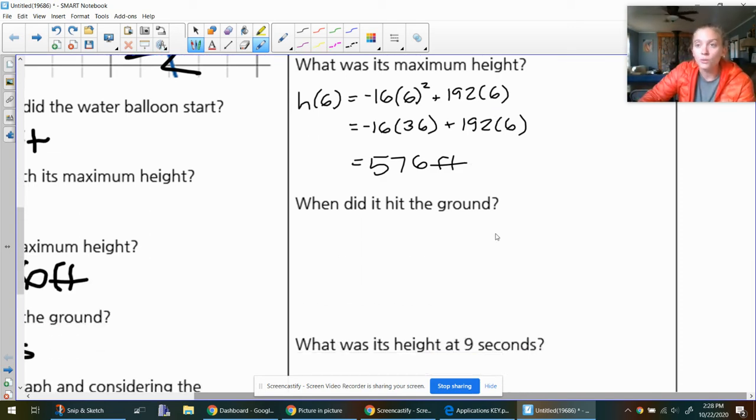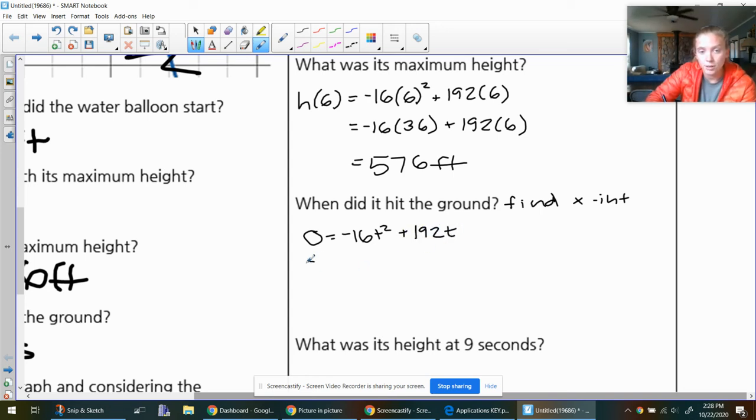To figure out when the water balloon hits the ground, we need to find the other x-intercept. So we need to find the x-intercepts because the x-intercepts are going to be where it's on the ground. To find the x-intercepts, we're going to set y equal to 0, and we're going to factor. So to find the x-intercepts, we have 0 equals negative 16t squared plus 192t. I'm going to go ahead and factor this.